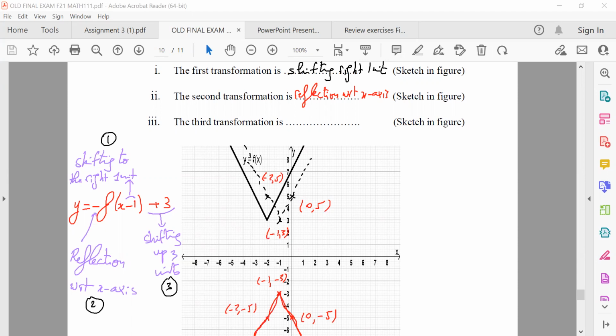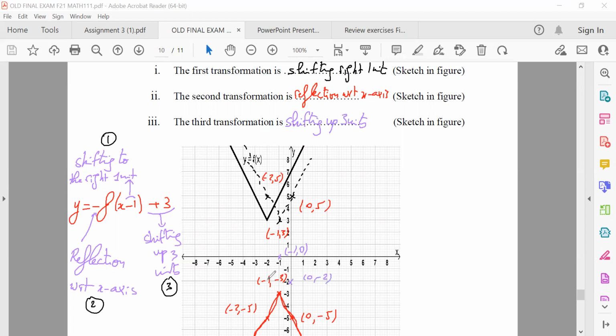So you get a straight line. And finally, shifting up 3 units. So the point -1, -3 is here, shifting up, -1, 0. The point 0, -5 is here, 0, -2.